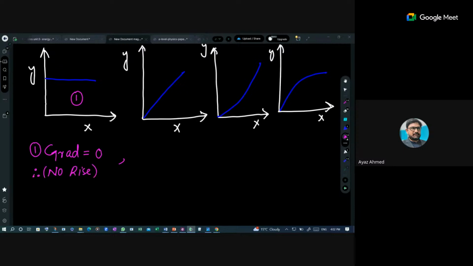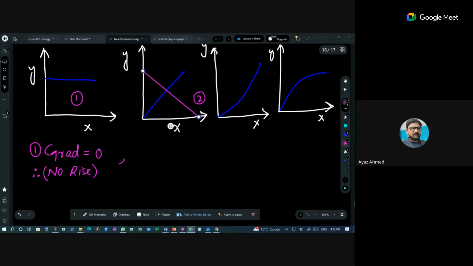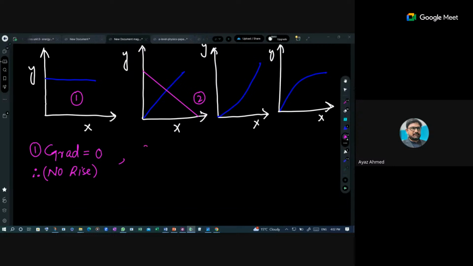So whenever I talk about whether there is any gradient, if there is a straight line parallel to the x-axis, you will say no, the gradient is zero. Am I right? Yes, sir. Okay. Then in graph number two, there are two types of lines. I will draw two lines over here, the blue one and the red one. Let's say the blue one is 2a and the red one is 2b.